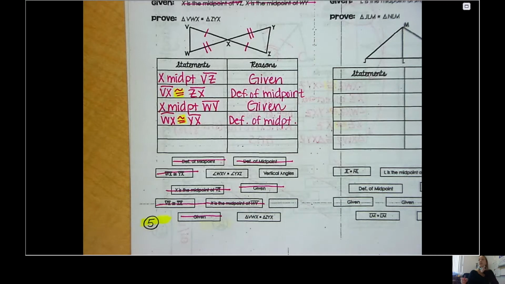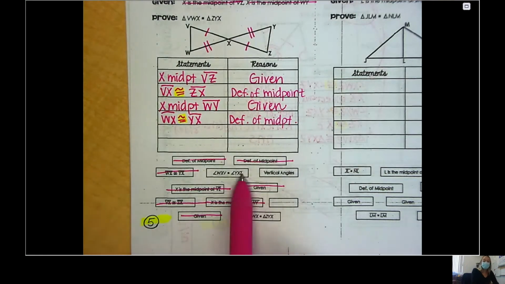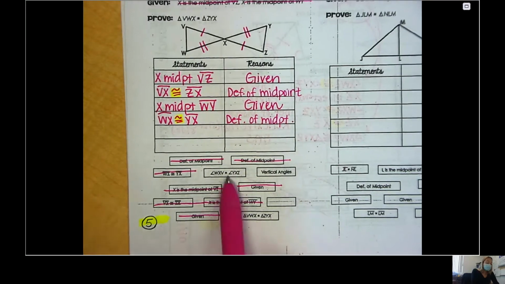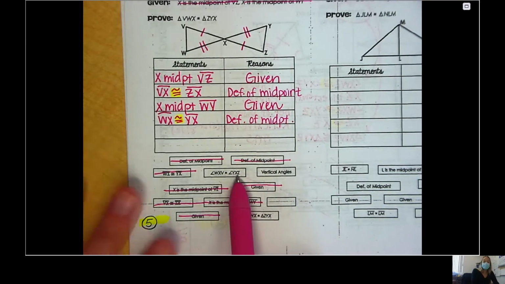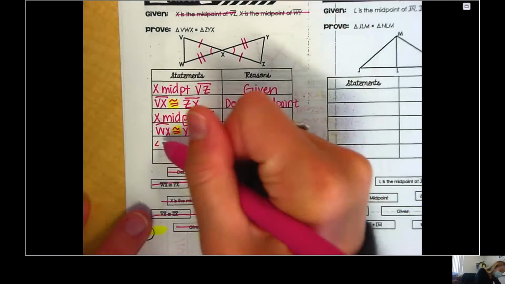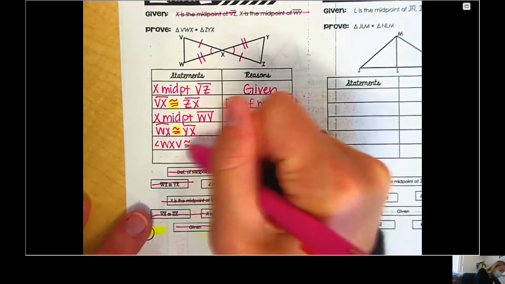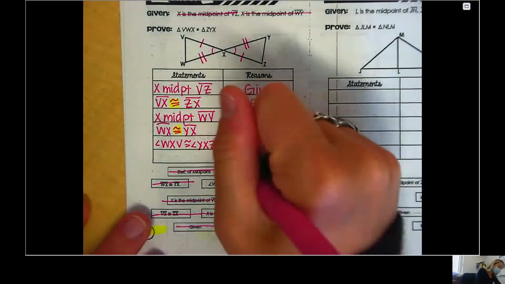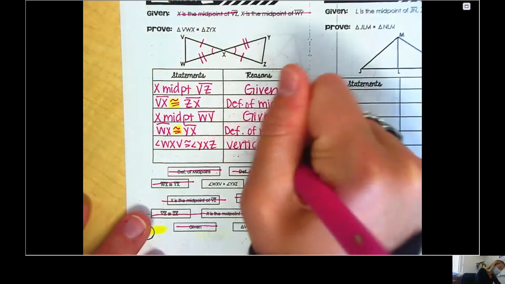Yeah, so even if you didn't realize that these were pictures of vertical angles with an X, you could have said, hey, process of elimination says these two have to come next because this statement right here is my prove statement. It has to go at the end. So the only two things that are left are that these angles are congruent. But we already knew that just by looking at the picture because it makes an X there. So angle WXV is congruent to angle YXZ. And that is because they are vertical angles.